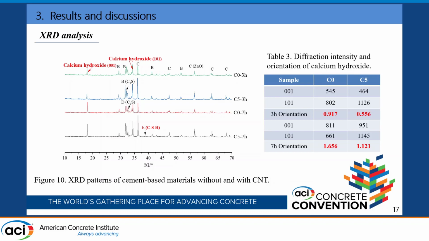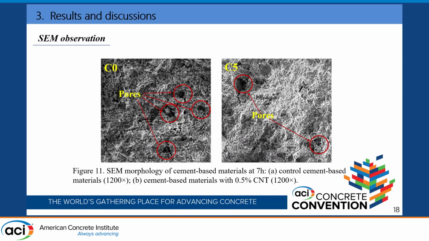So I want to show you the SEM observation, and you can see that the material is more dense, so porosity is reduced. We did not measure, as Jan had done very well, the pore structure using MIP or other methods, but from here it's clear.